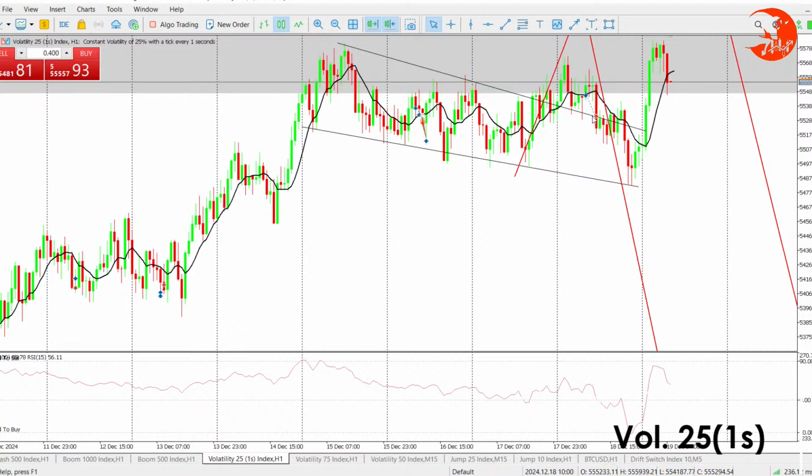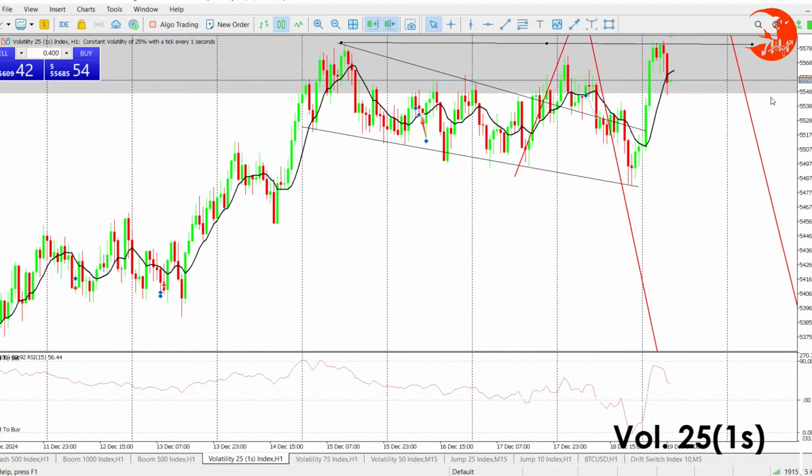So it took me out and went back in, touched the other support trend line right there, and went all the way to break out and never even looked back, broke out and gave us a new high, previous higher high right there.